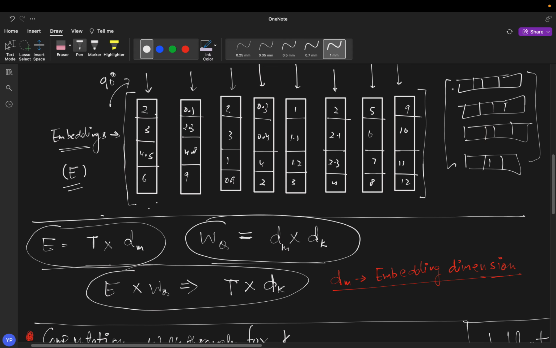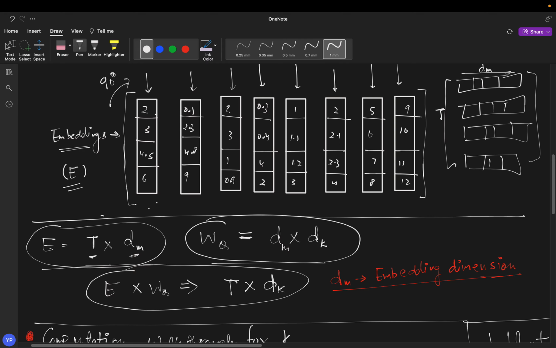Each embedding has T rows and dm columns, which we talked about here: each row of this embedding has dm different numbers. So this is the shape T cross dm.